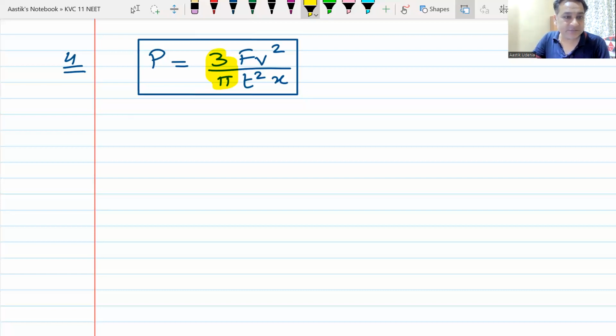Some of us may solve it very fast, but some of us, like me, may take some time because I'm not that sharp. So please give me time so that I can also come on the same level as the other students who have solved it faster. So what is happening here?